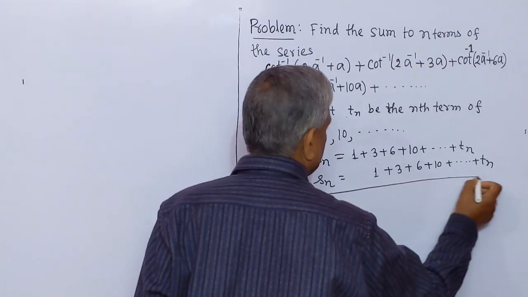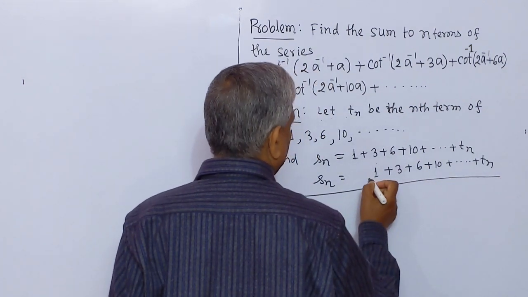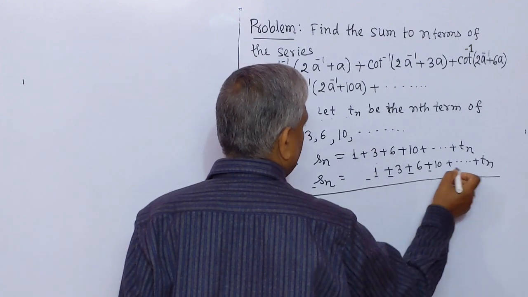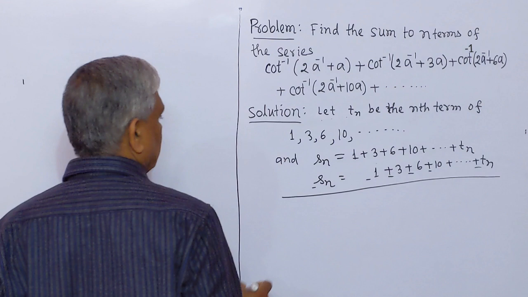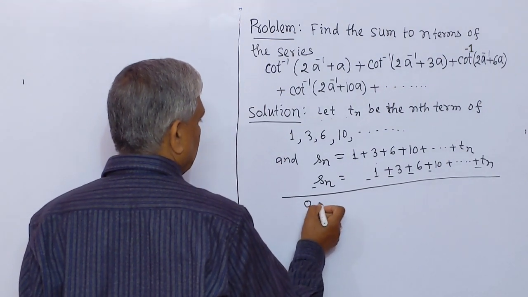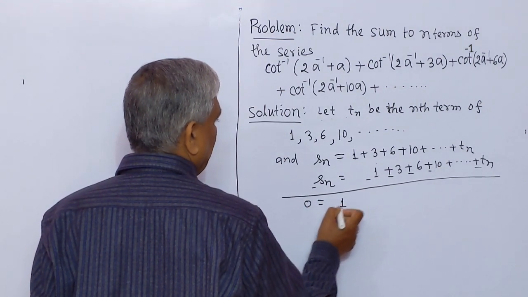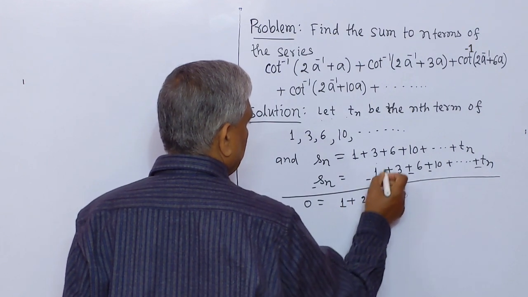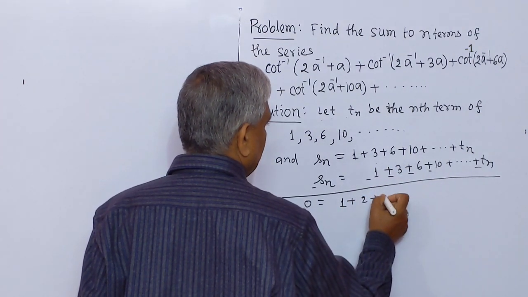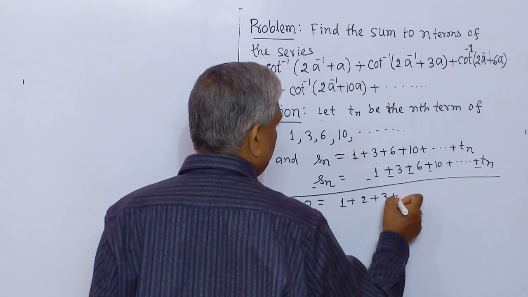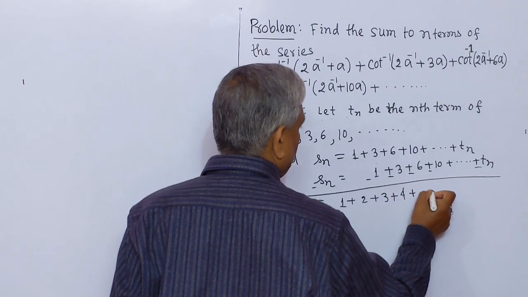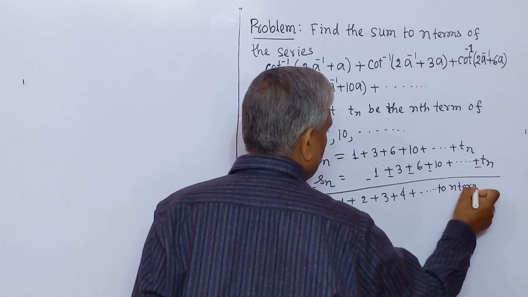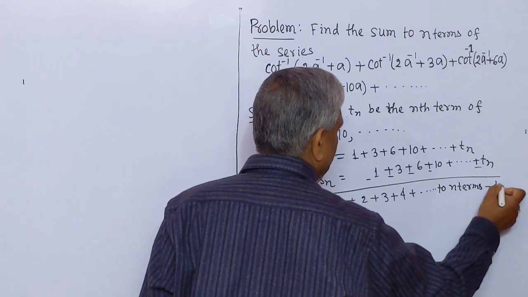Now we subtract. Here we write minus. So left side 0 equal to 1 plus 2 plus 3 plus 4 plus dot to n terms minus Tn.